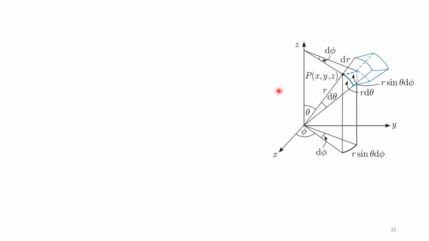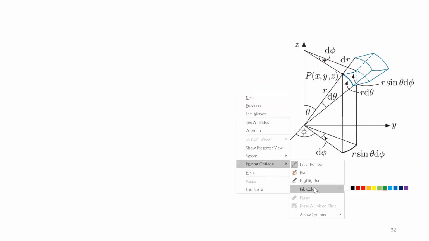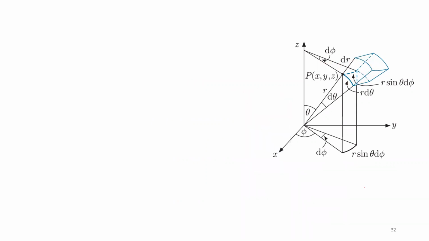In this case, you understand that the flux only passes through this and this phase. So if you construct your box like this, you don't even need to worry about the flux through the four sides.